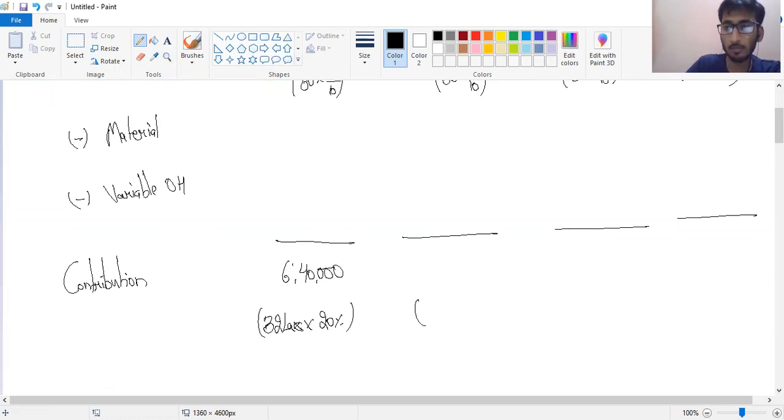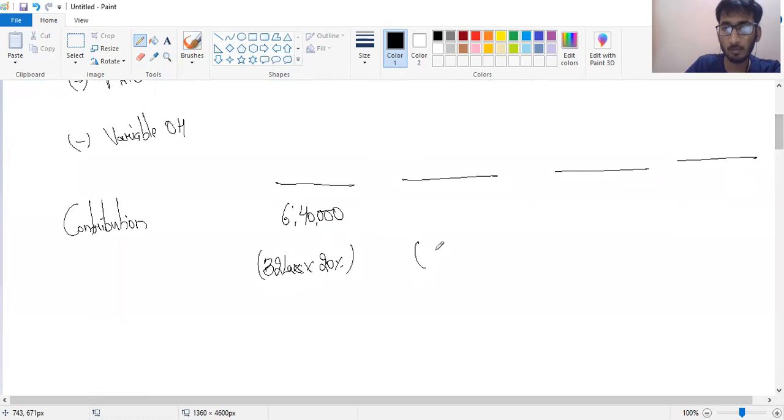In a similar way, 8 lakh multiplied by 6%, and 24 lakh multiplied by 12%.